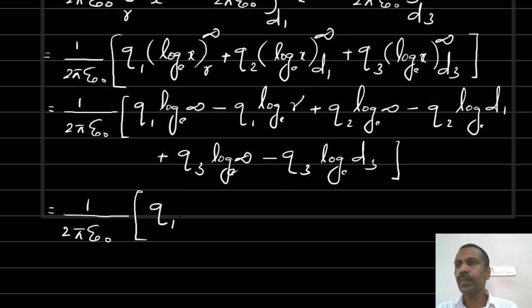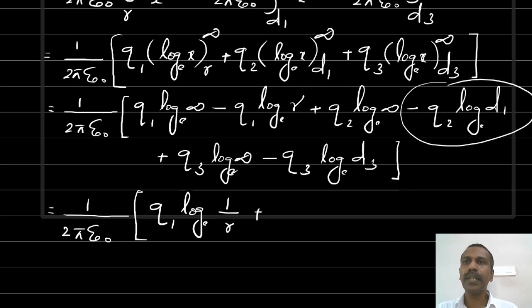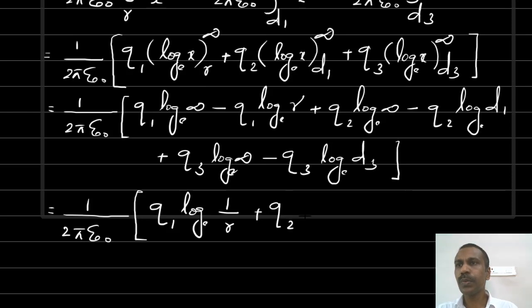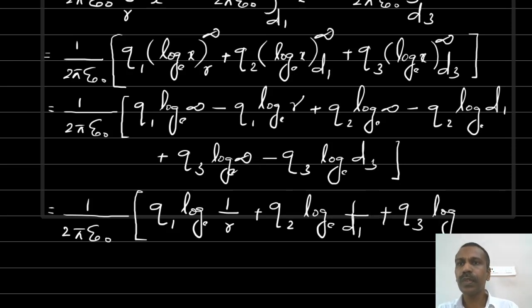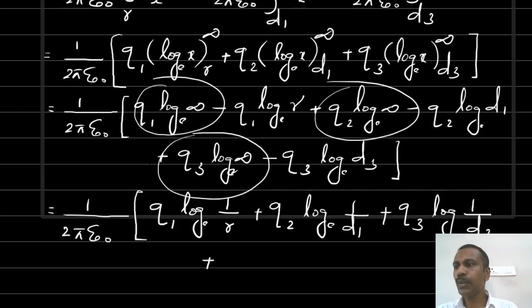So this can be written as Q2 log 1 by d1, plus this is Q3 log 1 by d3, plus this is Q1 log infinity, Q2 log infinity, then Q3 log infinity.